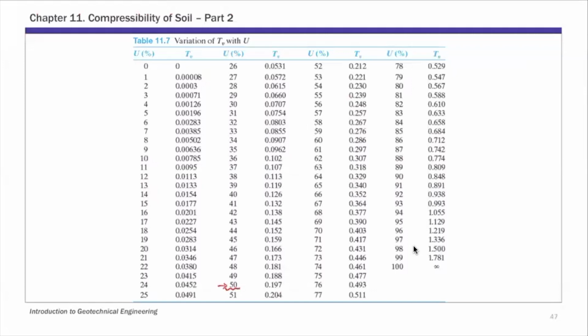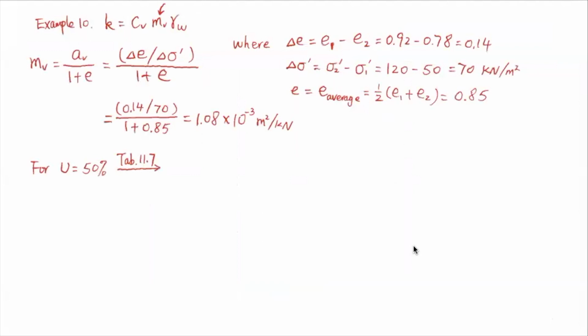This U of 50% corresponds to T sub v of 0.197. So let me write this number down here, T sub v.